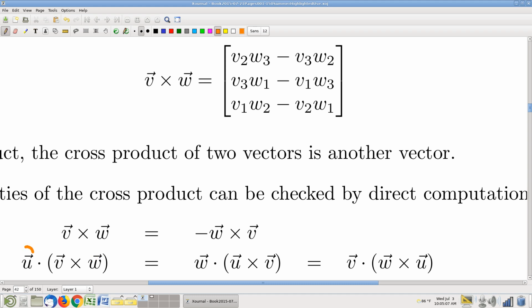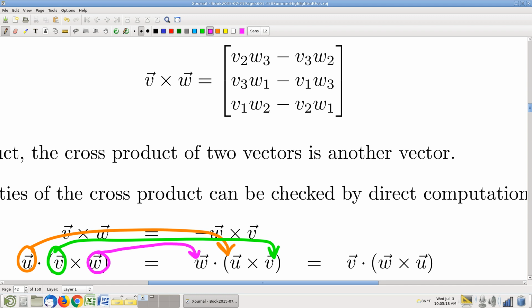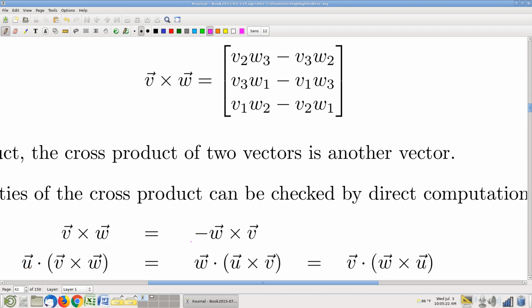So the first vector listed goes to the second spot, and the second vector listed goes to the third spot, and then the third vector listed goes to the first spot. Right? Here's another way to think about what we're doing here. It's like we have the vectors u, v, w written down.